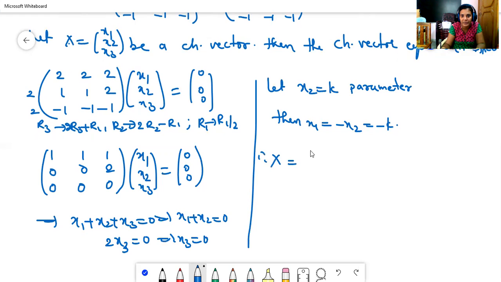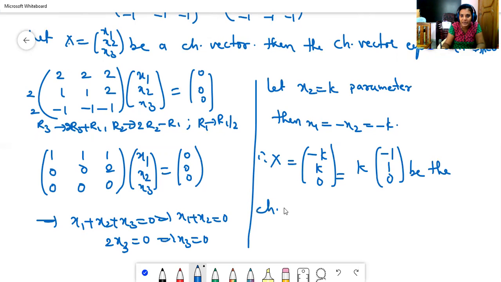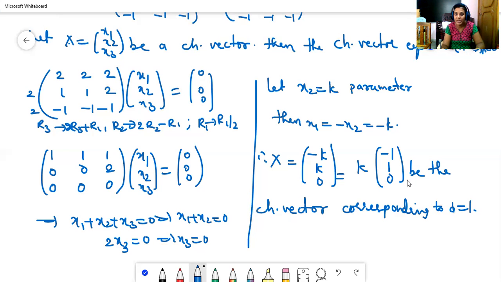Therefore, X equal to x1 is minus k, x2 is k, x3 is 0, equal to k taking common, minus 1, 1, 0 be the characteristic vector corresponding to lambda equal to 1, or it is the characteristic vector for lambda equal to 1.